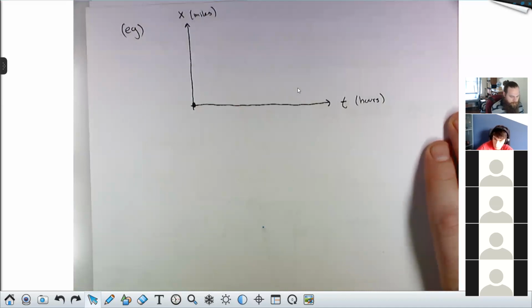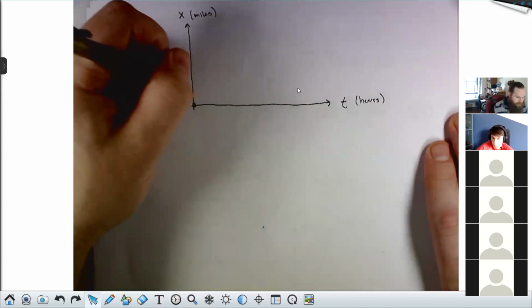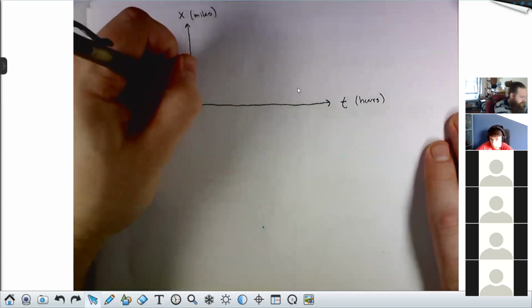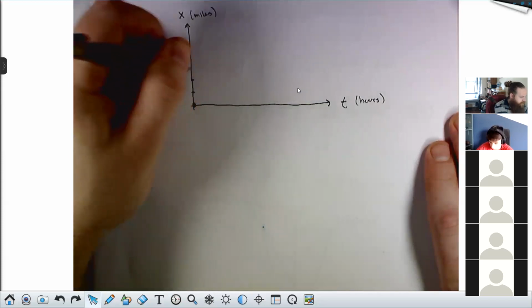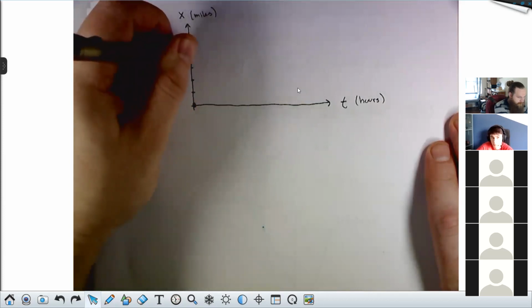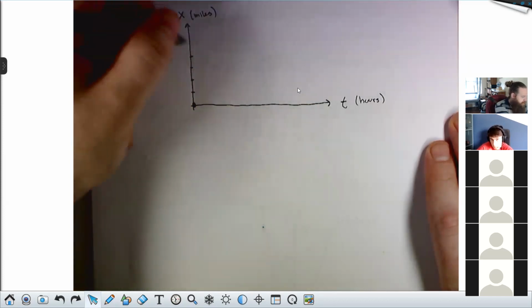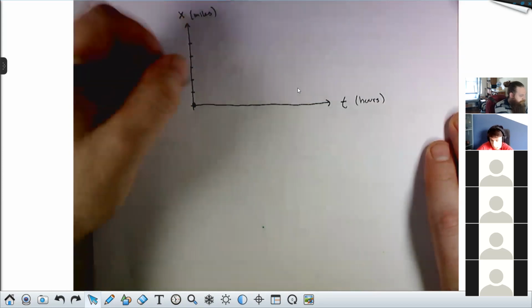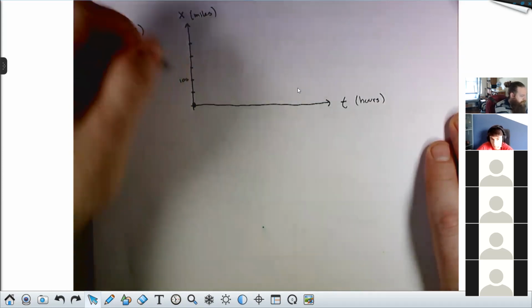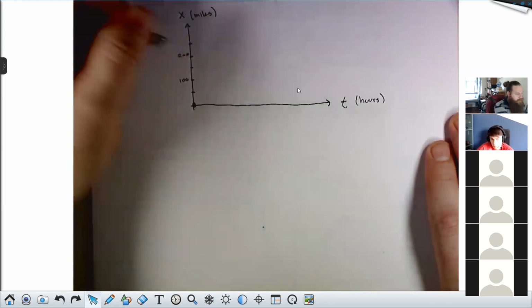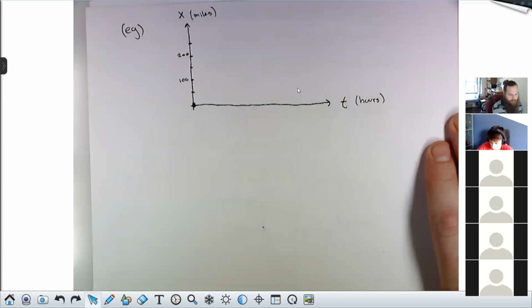By time t equals 1, we'll build some notches here. Let's call this 50, 100, 150, 200, 250. So I'll just label the multiples of 100. I start off at my house.